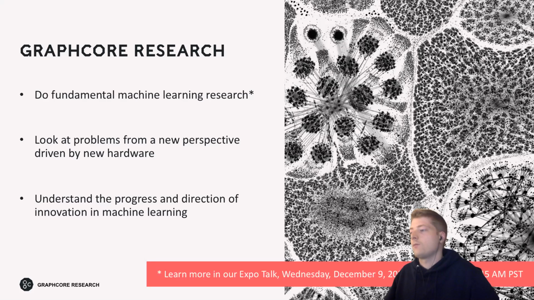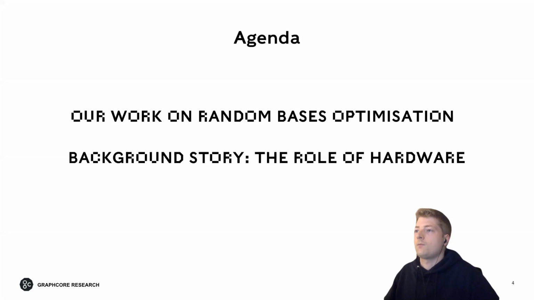And as a team, we're trying to understand the progress, direction that machine learning research is taking, as well as influencing it and steering it, and seeing what can really bring about the best algorithmic changes with our new hardware. But now I'm going to pass over to Frithjof to talk a bit more about this particular work.